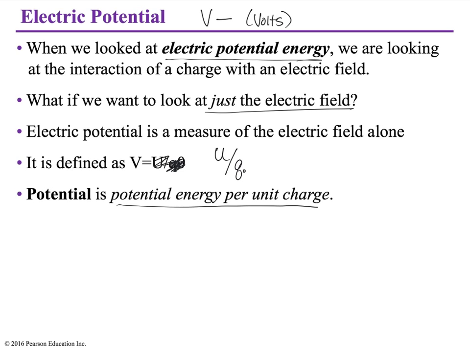So when we look at potential energy change, remember that would be equal to minus the work, just moving the negative sign we had previously in this relationship, which would be Q E dot ds. This represents the charge placed in the electric field.